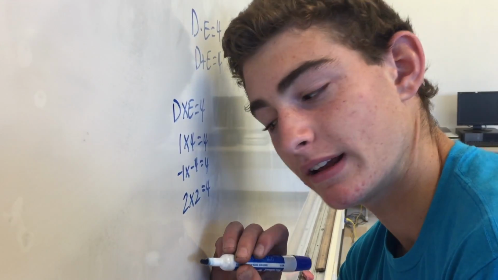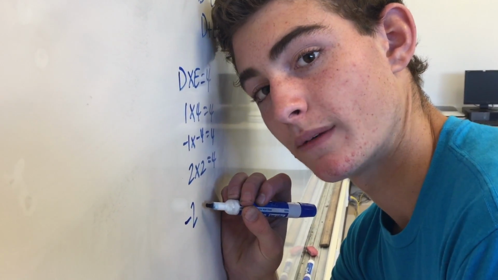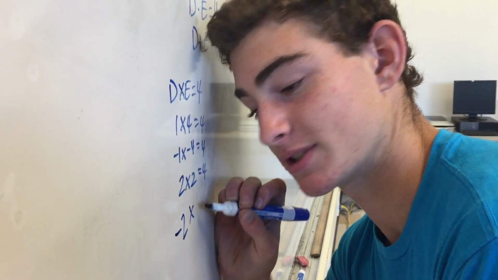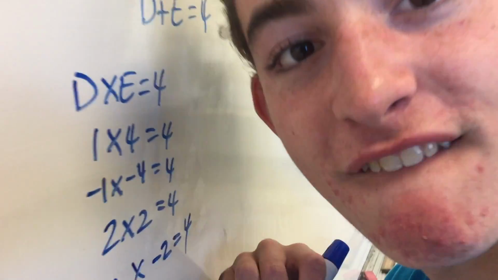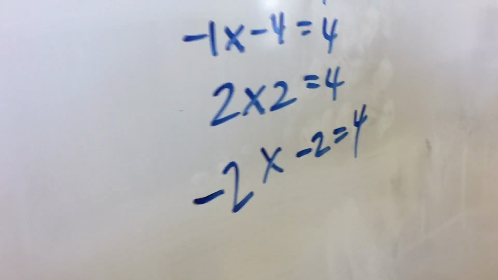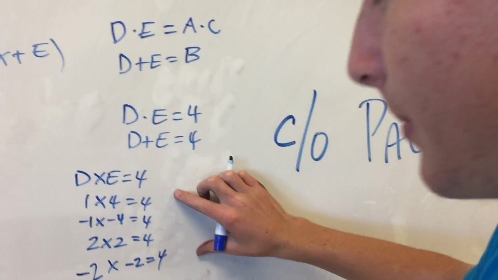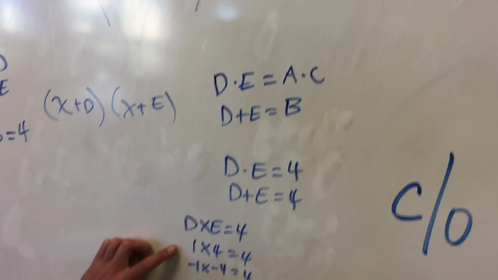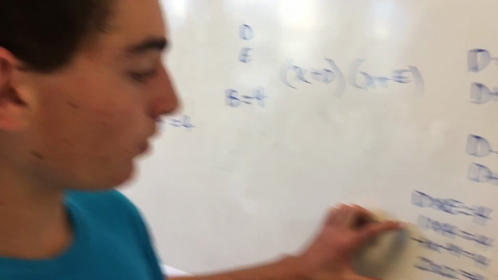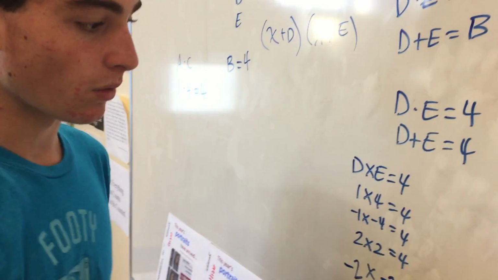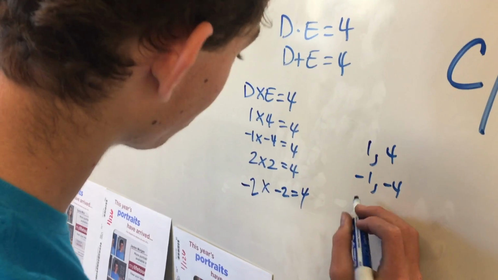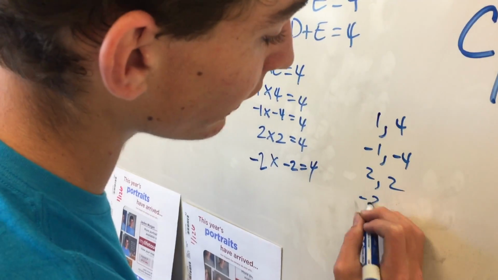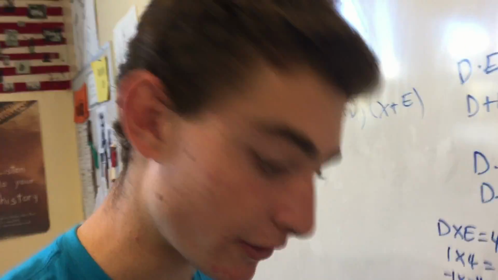And the fourth one is negative 2 times negative 2 equals, that's right, 4. Now, you have these 4 options. Now, we must decide which of these 4, 1 and 4, negative 1 and negative 4, 2 and 2, or negative 2 and negative 2, equals 4 when you add them together.